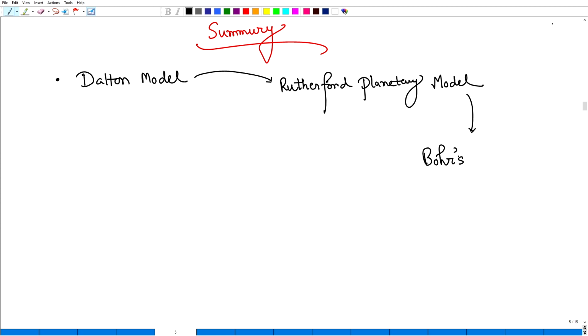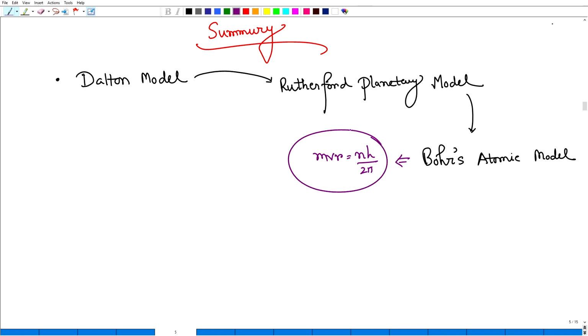Bohr gave the Bohr atomic model, which is very important, and behind this Bohr atomic model there is an ad hoc postulate that mvr equals nh by 2 pi. The electron should follow this, then only can that electron be stable in that orbit. Those orbits are allowed, other orbits are not allowed. So, this was considered by Bohr, and after that we solved other things, right.